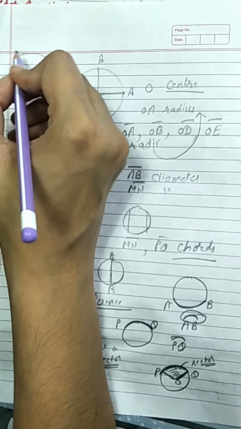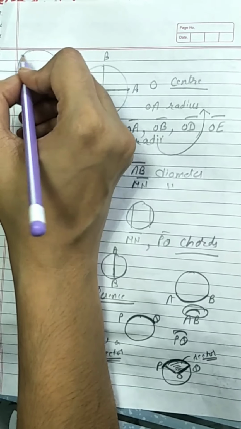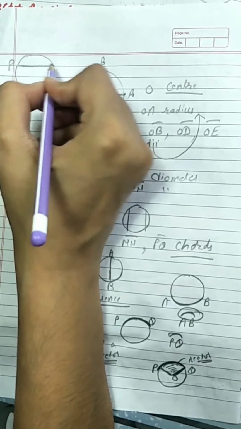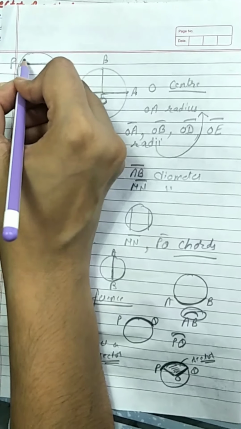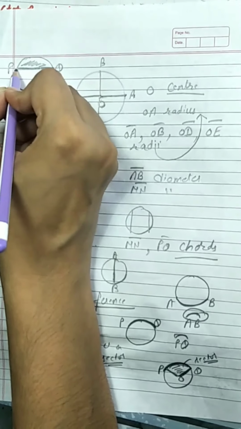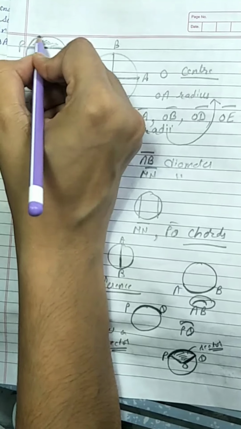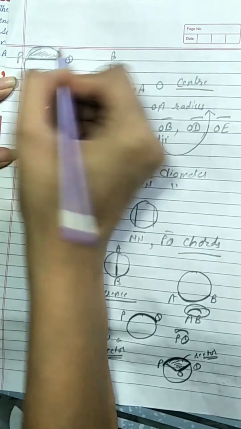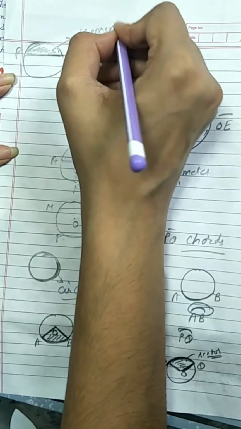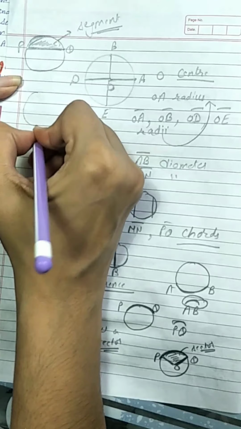Region between a chord and an arc. Suppose this is a chord PQ. The region between the chord and an arc, this one arc, forms a segment.